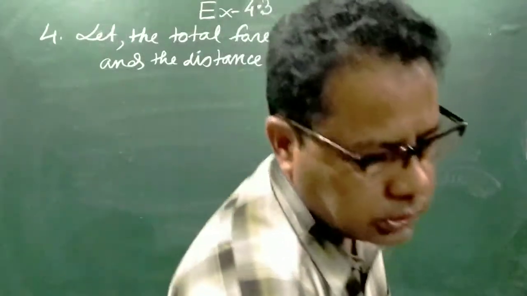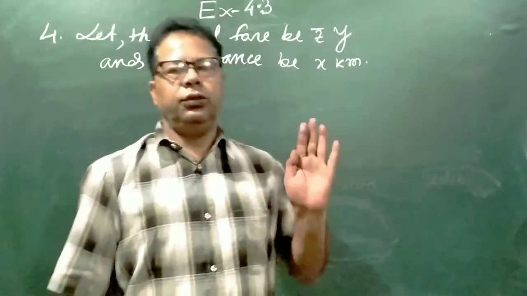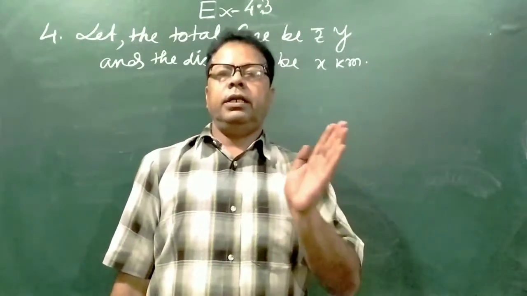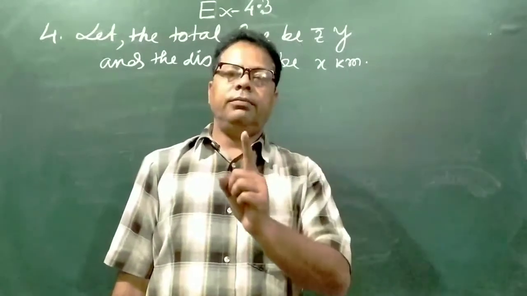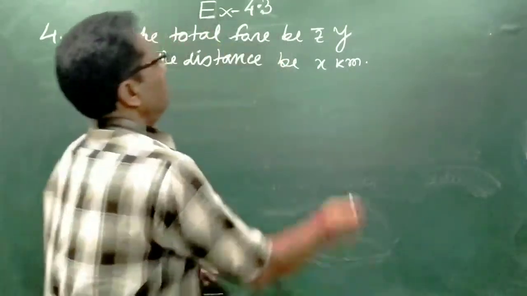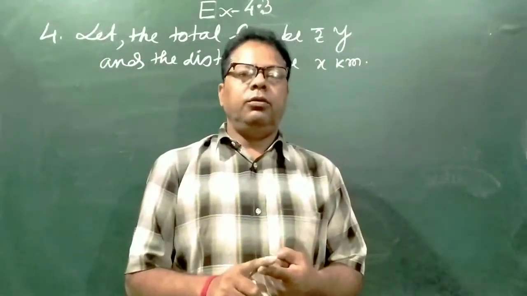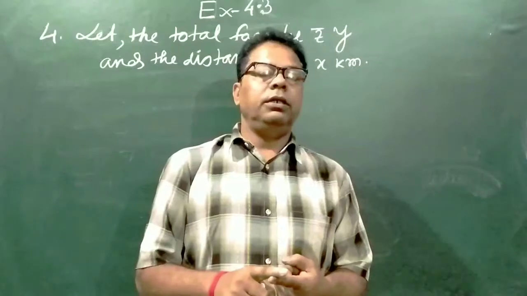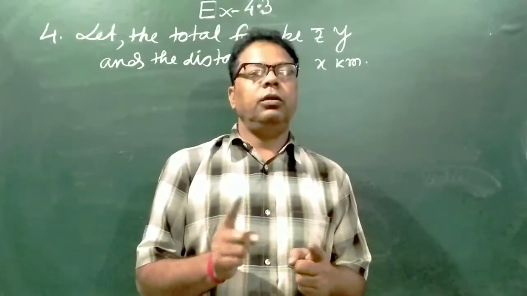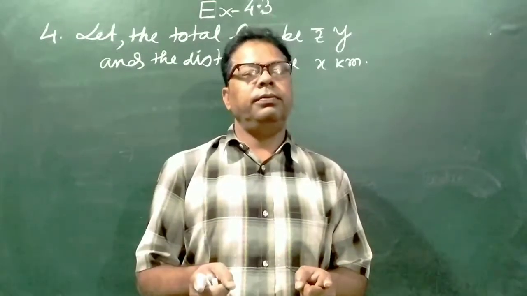For the first kilometer 8 rupees is fixed, and thereafter each kilometer is 5 rupees. Then what will be the total fare? Suppose for 1 kilometer it is 5 rupees, then for 5 kilometers how many rupees? 5 fives are 25 rupees total fare.